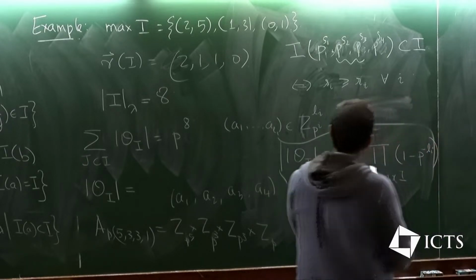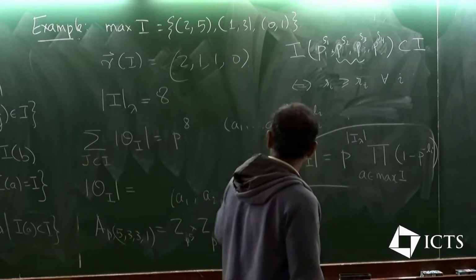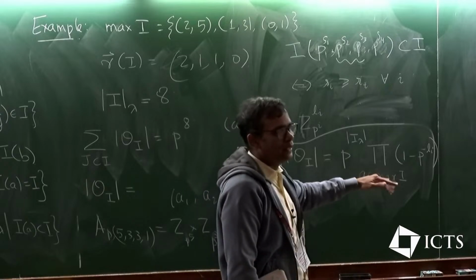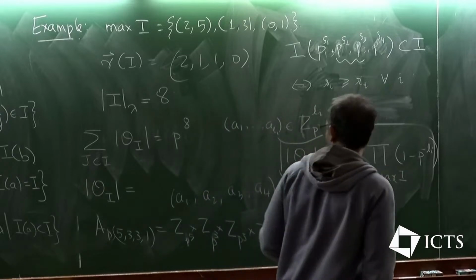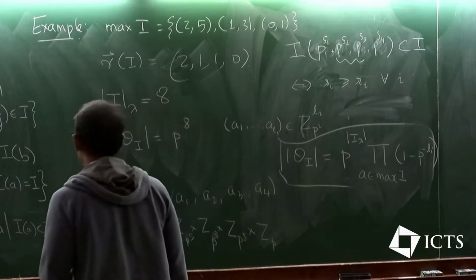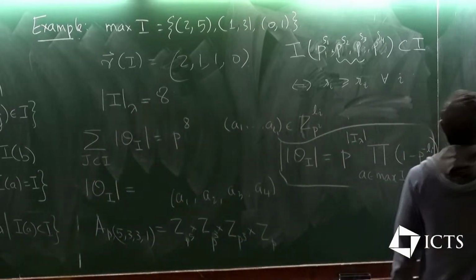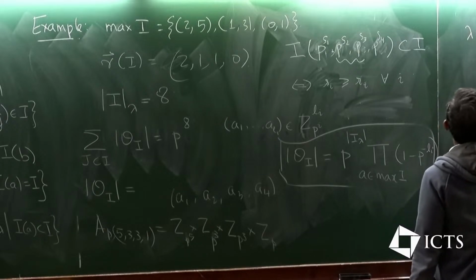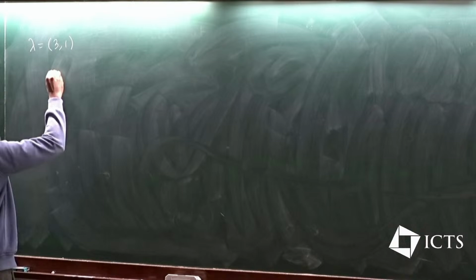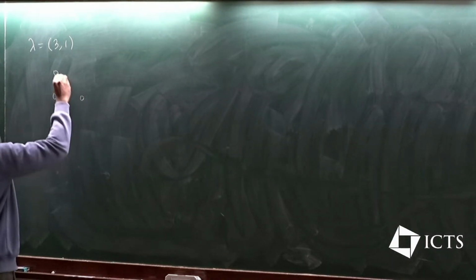So the point is, if it's in one of the coordinates which are not maximal anyway, then it doesn't matter what element you put there. So this example is a bit off, let me give you another example. So let's just look at λ equals (3, 1). So here the poset looks like this.